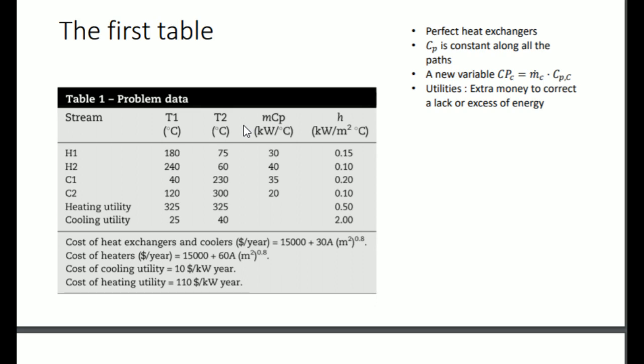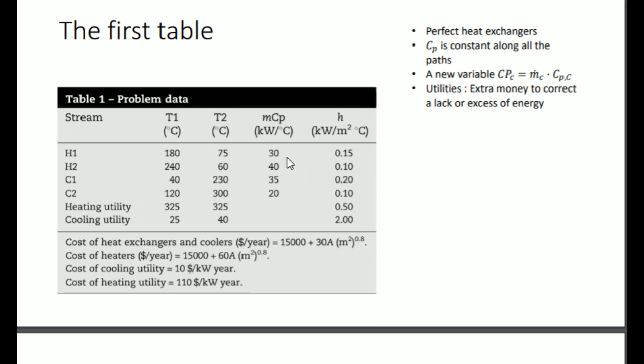Now, if one is a bit more confident with thermodynamical properties, one might notice that Cp is a function of temperature. So it's a bit clunky to say the Cp is that value, which is actually true. But since we are dealing with very large problems, usually we average the Cp along its path.